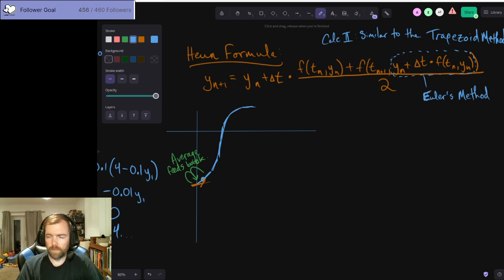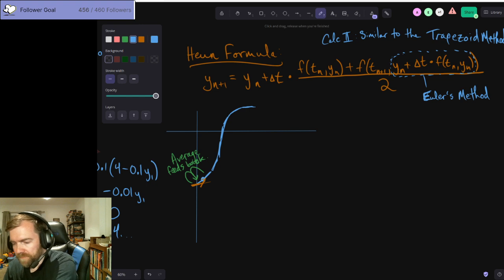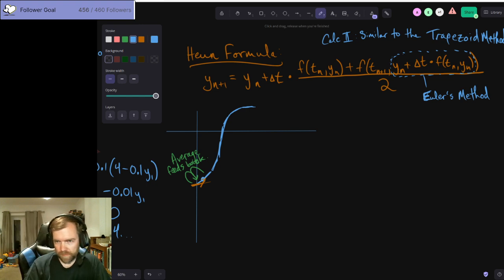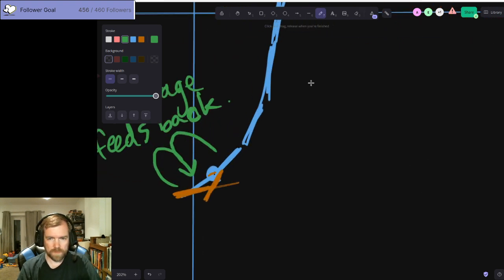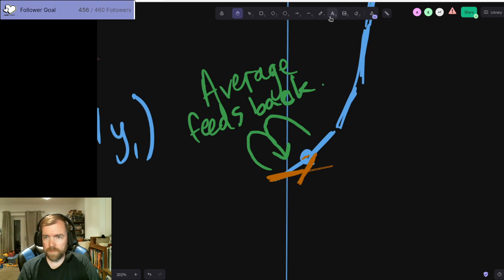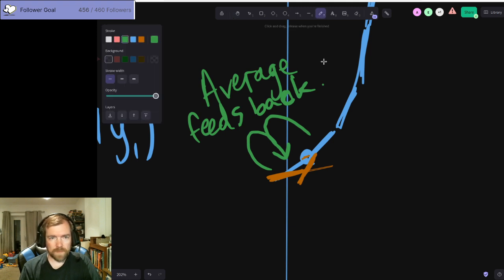Then you take the new point that you made, the new y point, as input, average that with the Euler's method point, and then multiply it by h. Those are slopes. Yeah, that's right. So slopes at ti, yi, right? You have your Euler method slope.